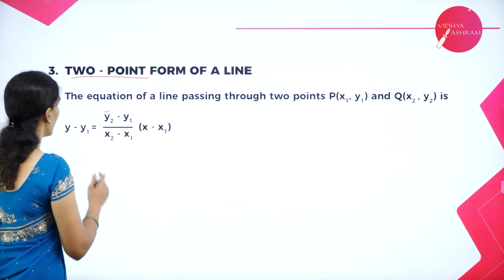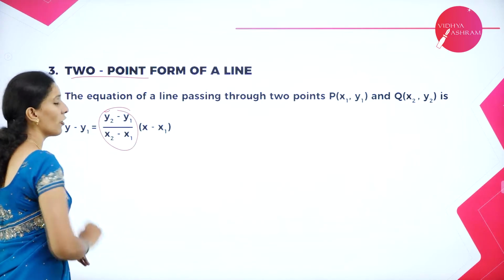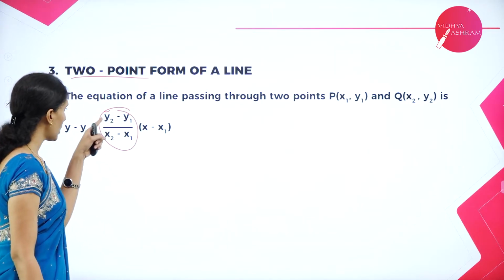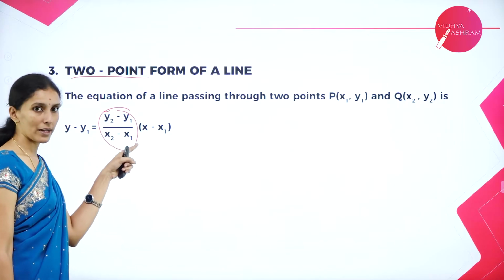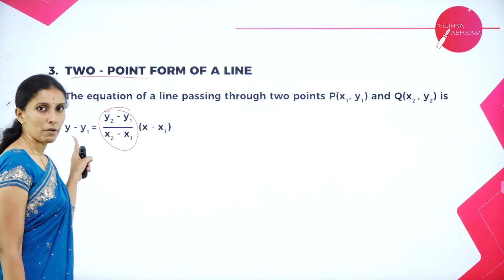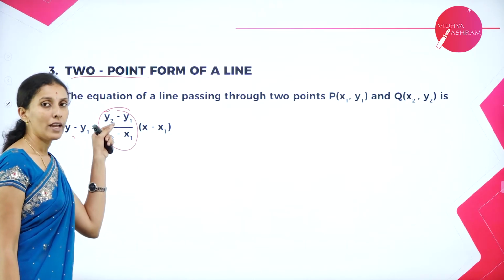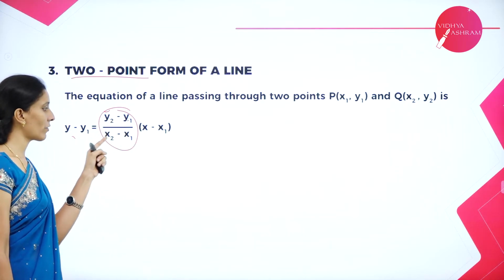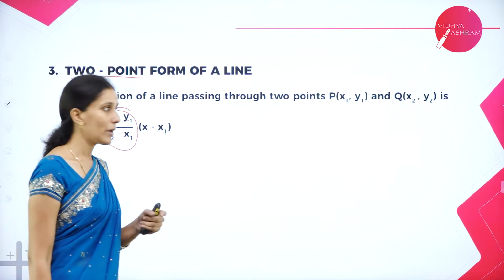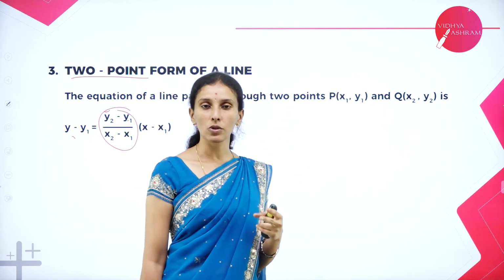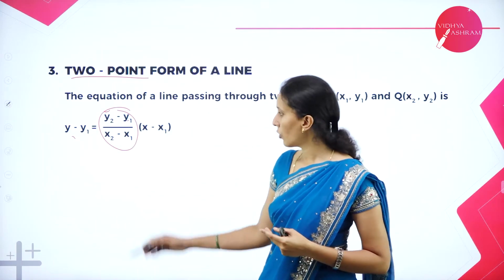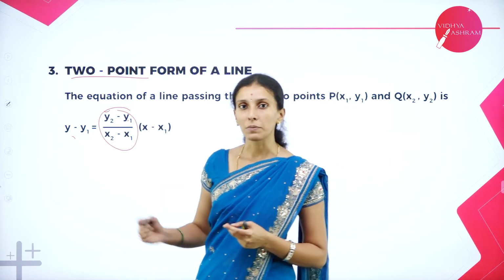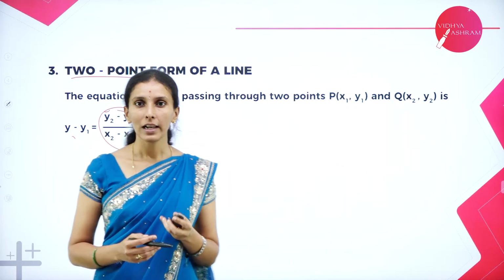So therefore, here the value of m is replaced by (y2 minus y1) by (x2 minus x1). Because the points are given, the slope is not given. To calculate the slope, use this formula and express it as general equation.